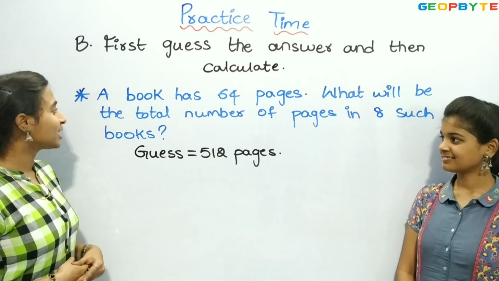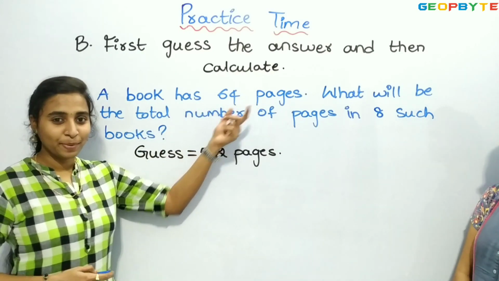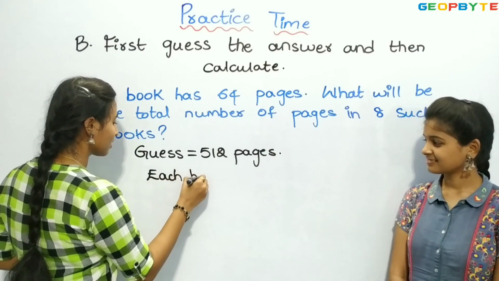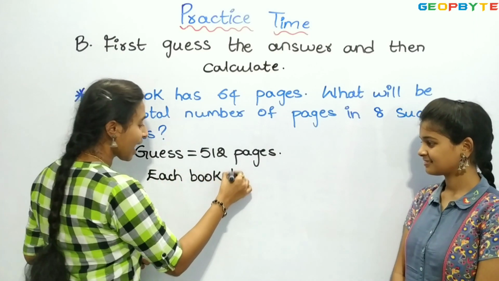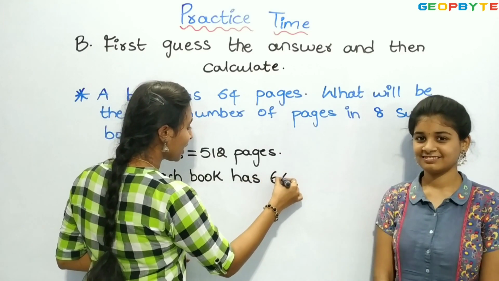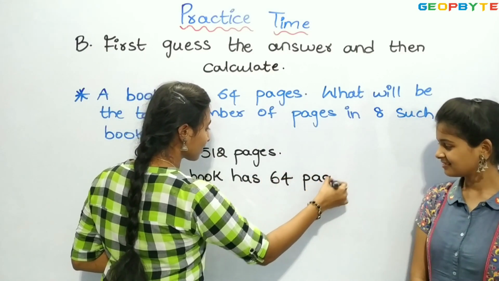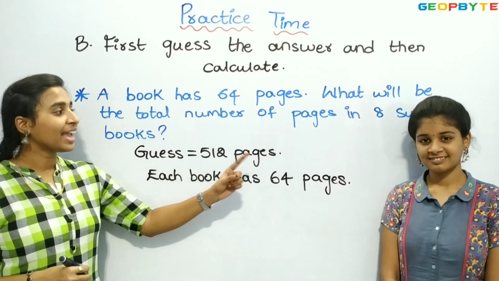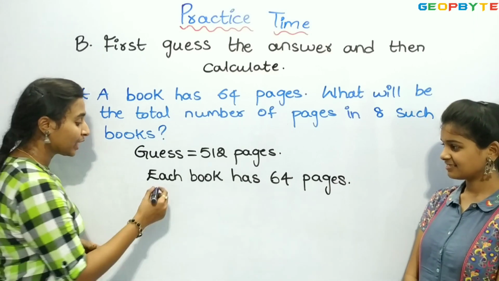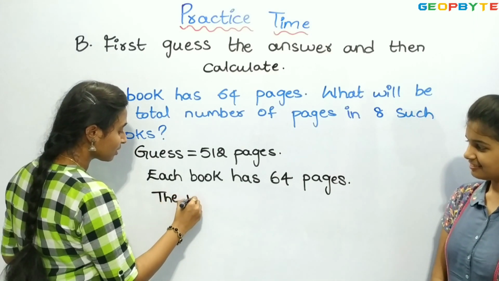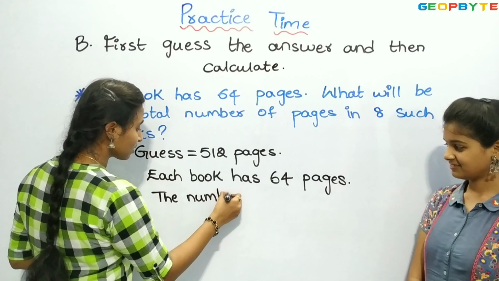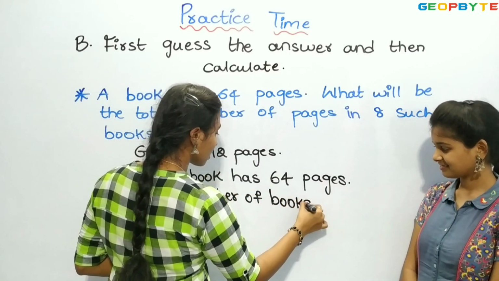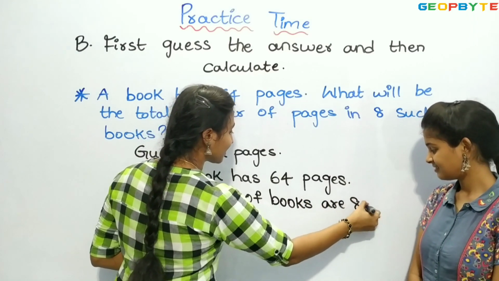Now, let us calculate and check whether this is correct or not. The given information is a book has 64 pages, right? Each book has 64 pages. And what will be the total number of pages in 8 such books? So, the number of books is 8.